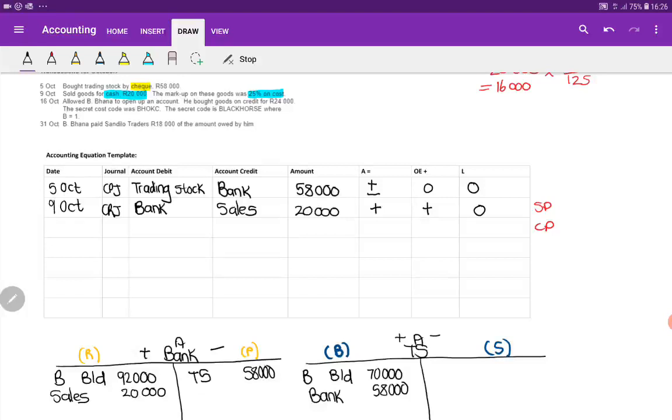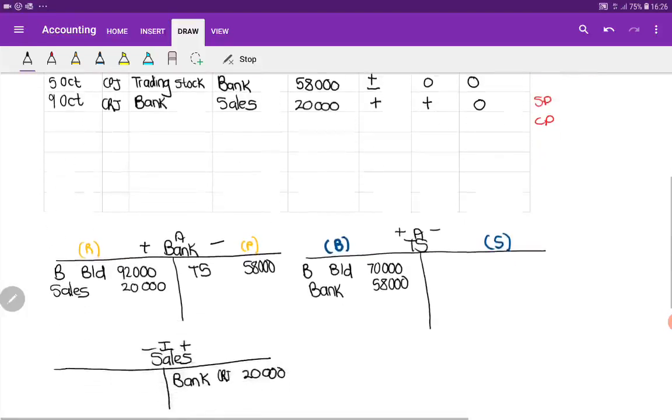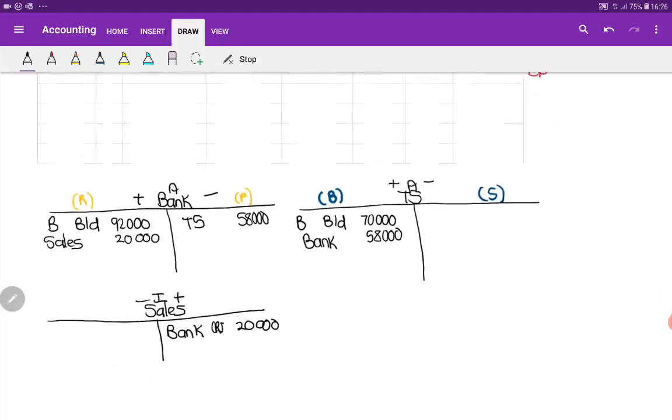To show the cost, we need to show when we sell trading stock and what was the cost of those goods that we sold, which means that we need to open up cost of sales. Cost of sales is an expense to the business. So if we sold trading stock, our trading stock will always decrease our assets.